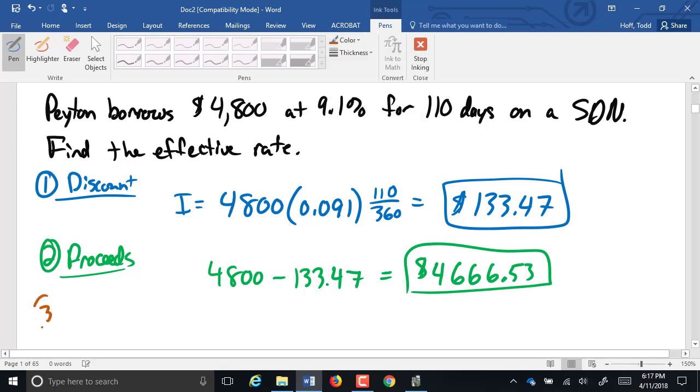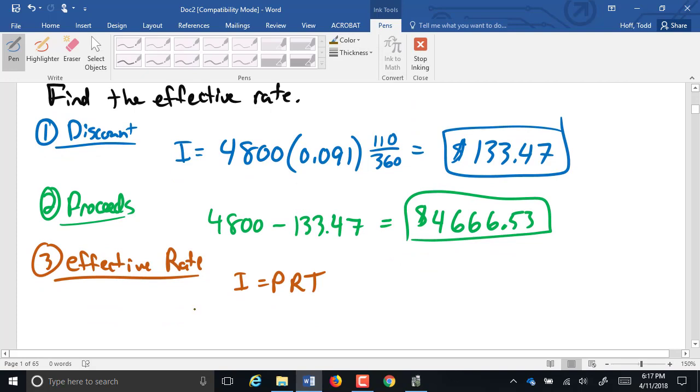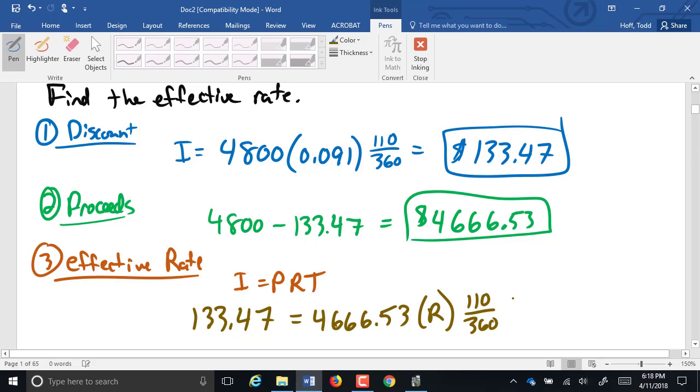What is step 3? That is then the effective rate, which is I equals PRT. What goes in there? Okay, I is the discount, 133.47. The principal, we're going to use the proceeds, 4666.53, times R, and then times our time of 110 over 360.